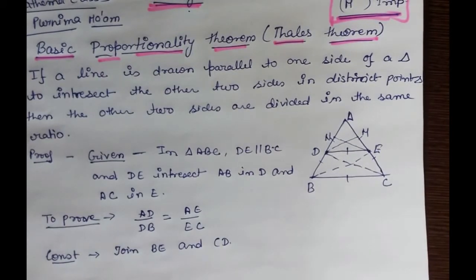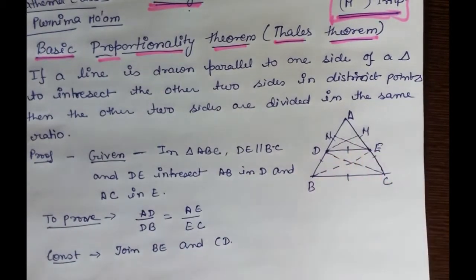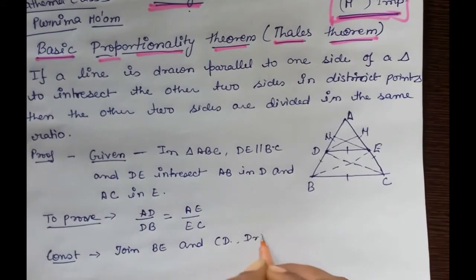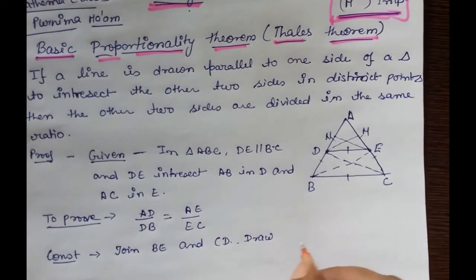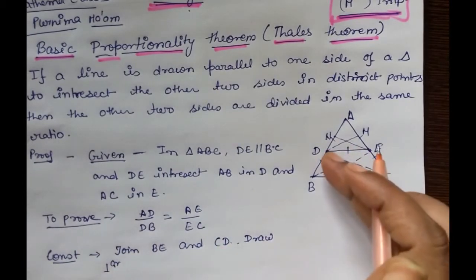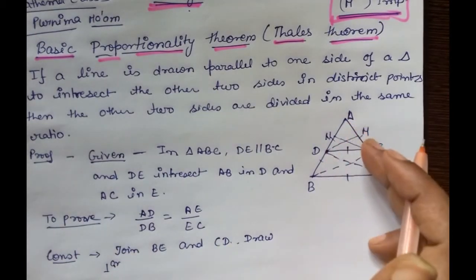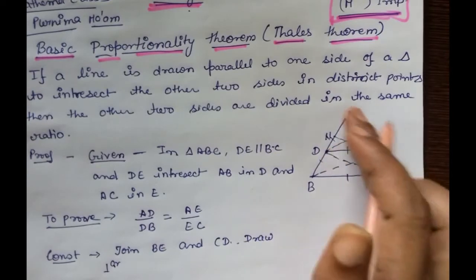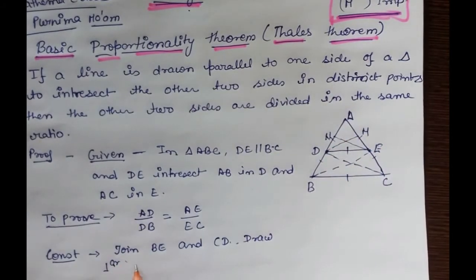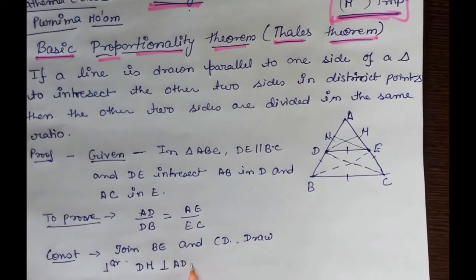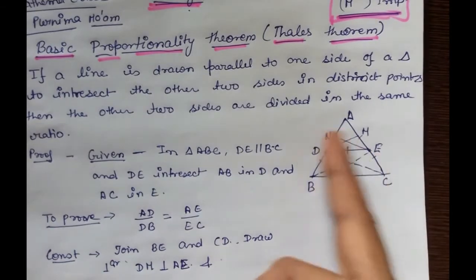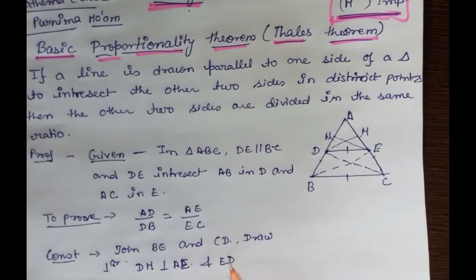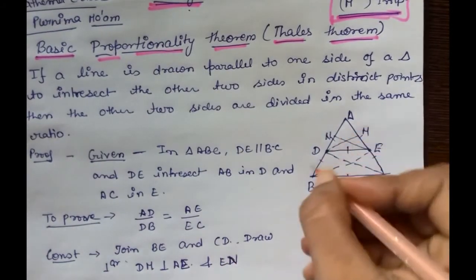After that, draw a perpendicular from D to AE, that is DM perpendicular on AE, and EN perpendicular on AD.